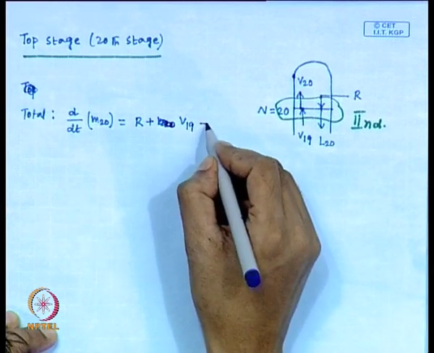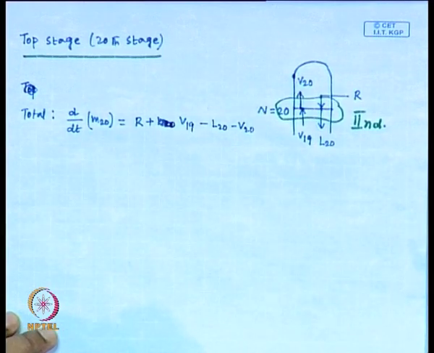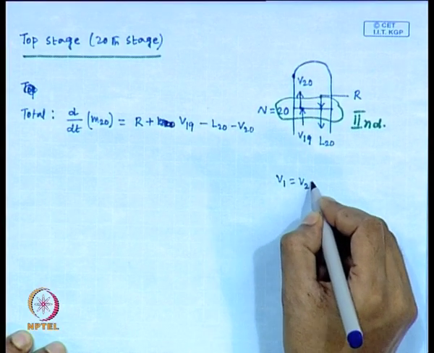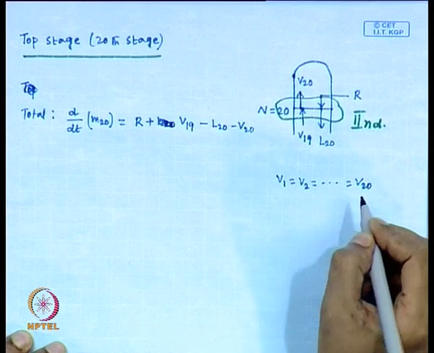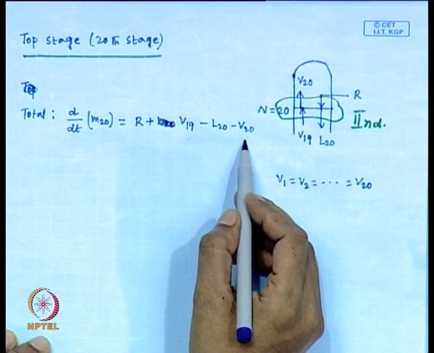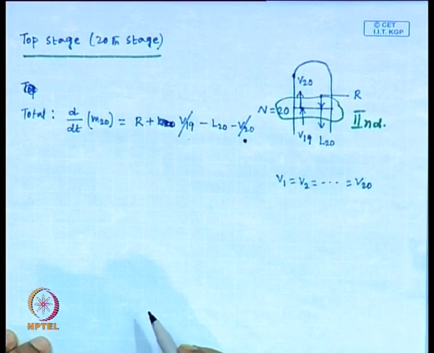And outgoing streams are L20 and V20. Input minus output. Now, based on the second, fourth and fifth assumptions, we have concluded that all the vapor flow rates are identical. So, V19 and V20 are equal to each other.